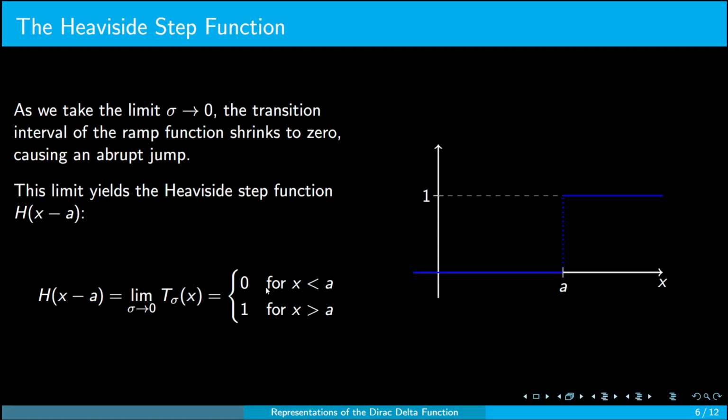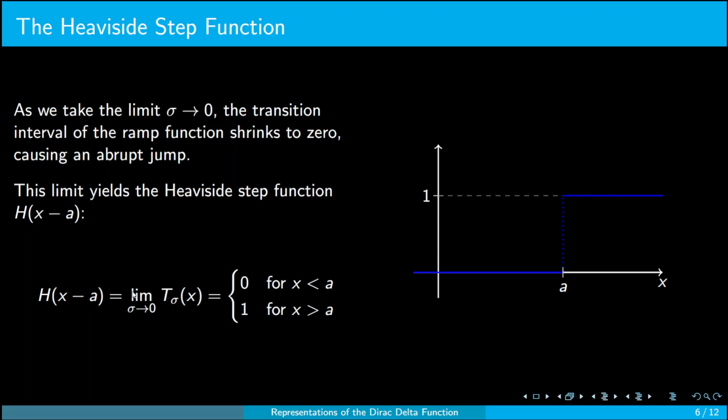So you can see that over here the value of H of x minus a is 0, there is a discontinuity, and here its value is 1.